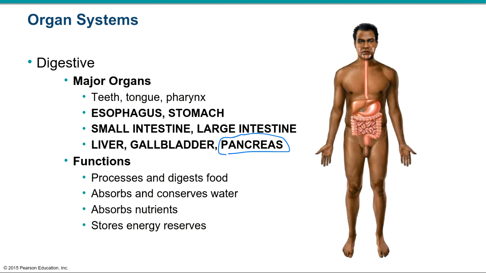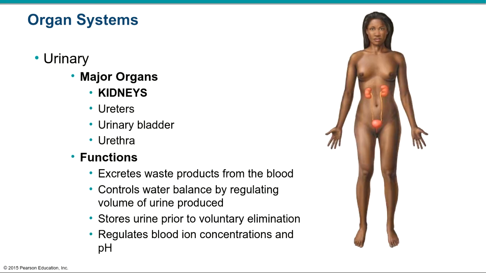So make sure you can identify all those different structures listed in bold visually. Kidneys, you can see the kidneys look like a kidney bean, right? A major part of urinary function and urine production are found in the kidneys. So you want to make sure you can visually identify those.